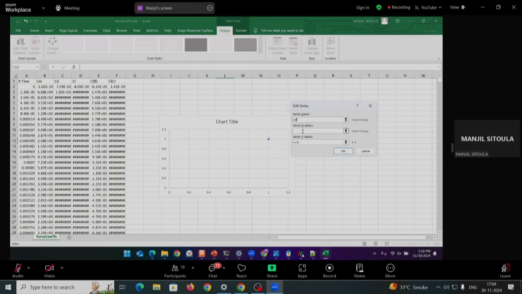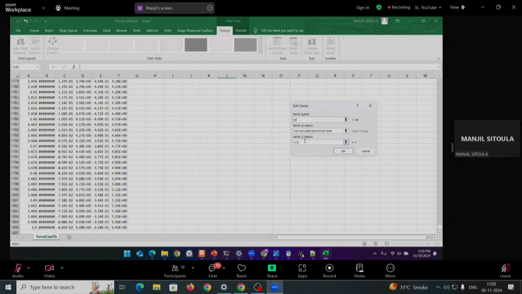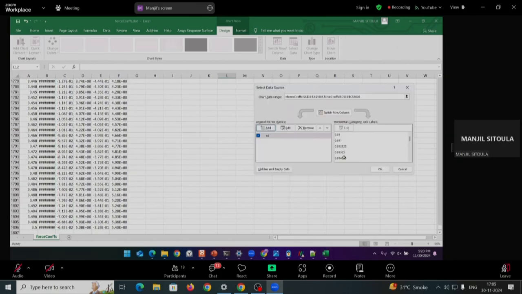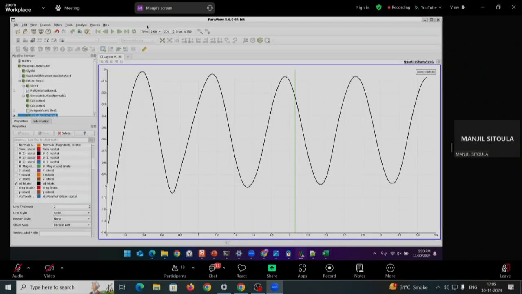So let's name it CD, and let's plot from 0.01 to the end. Now let's also plot our CD from 0.01. So we can see that we have got the same plot as the one we plotted in ParaView using the force coefficient.